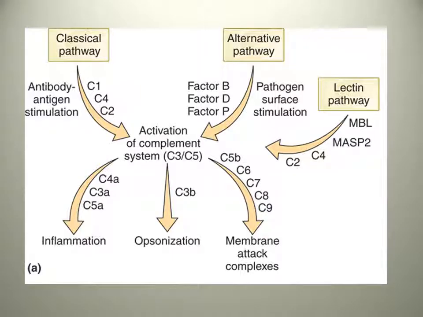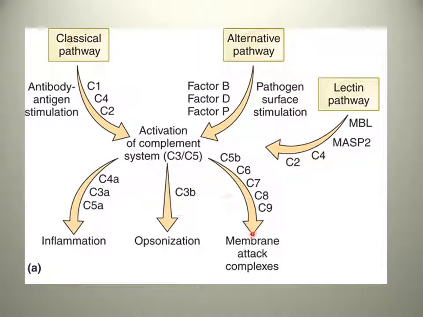I like this graphic because of its simplicity. Here's our three pathways: classical, alternative, lectin. Tells us what stimulates each pathway, whether it's an antibody or the surface of a pathogen. Tells us what's involved in getting to C3 convertase, whether it's the factors B, D, and P in the alternative pathway, the lectin, and these others in the lectin pathway, etc. And then with C3 convertase, then splitting C5, then from there, everything is the same.